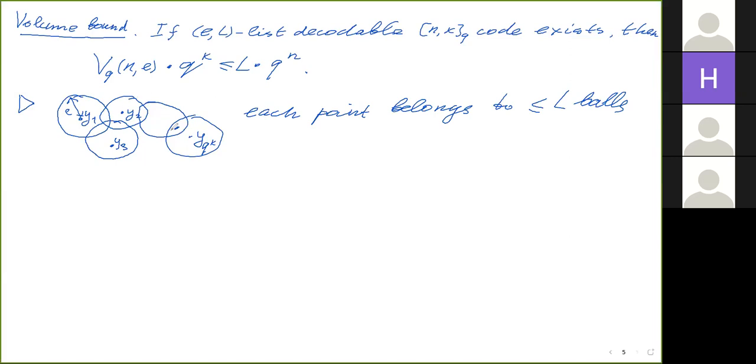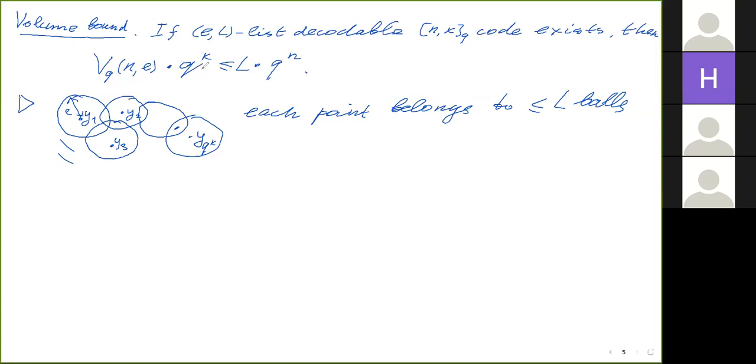Reformulating, that means that each point is covered by those balls at most L times. So if we draw all those balls, they cover the whole space of Q to the N elements in at most L layers.